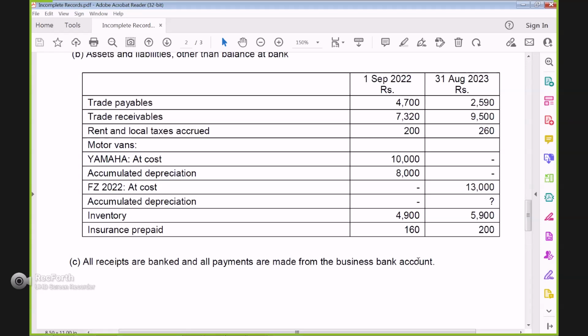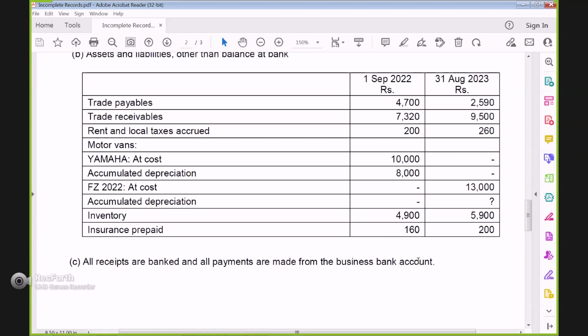After that, from the ledgers you have to transfer balances to the final statements. Some ledger balances are transferred to the income statement, and some ledger balances are transferred to the statement of financial position. Sometimes the closing balance is also given in a particular ledger, so you want to find some balancing figure.